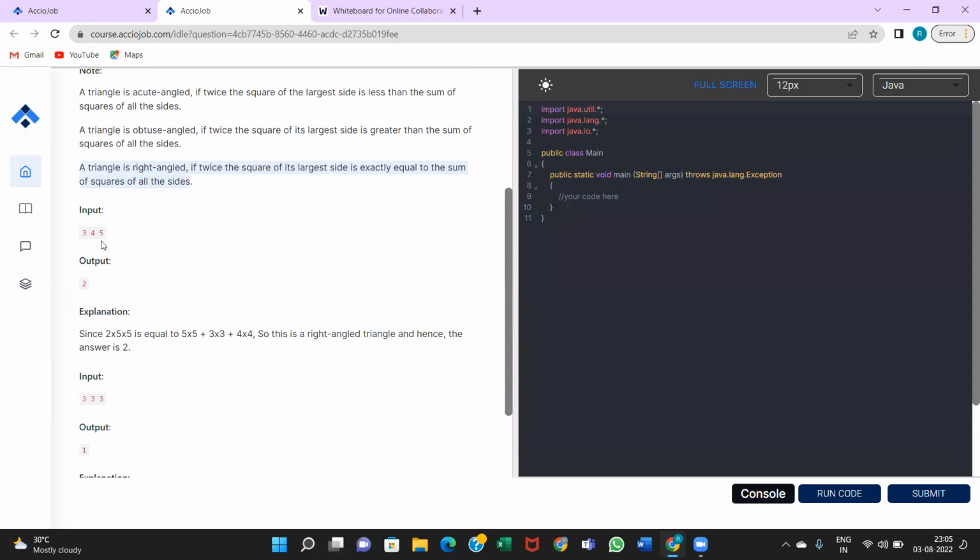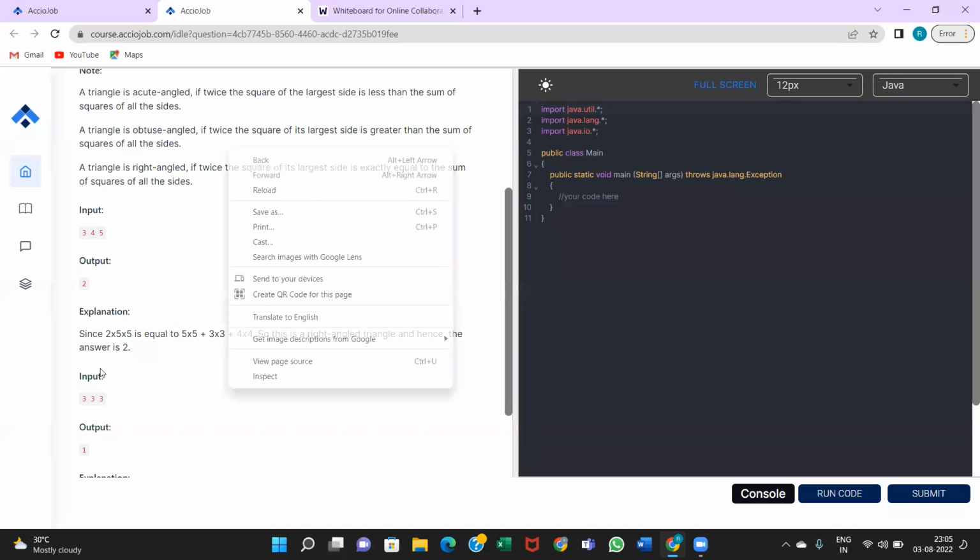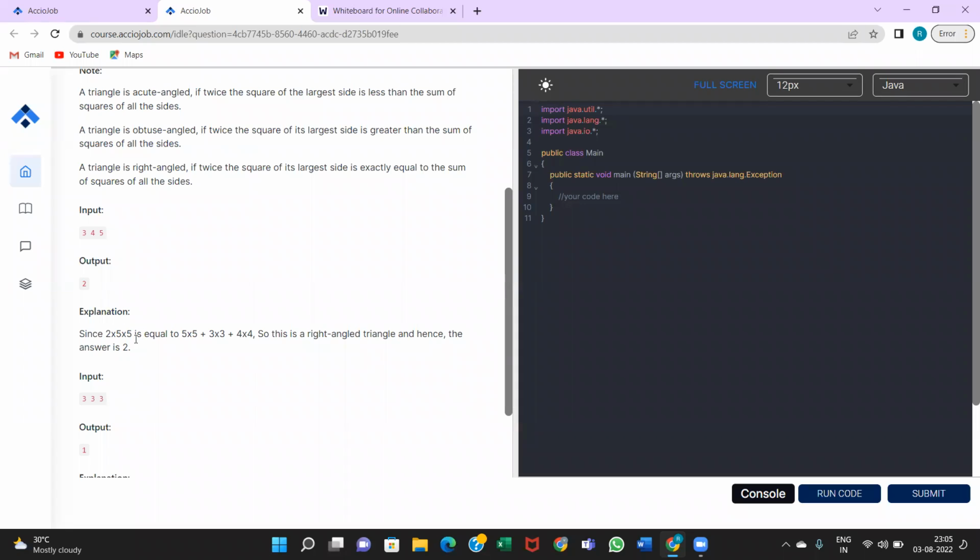See, these are the sides given to us. The largest side is 5, having unit length 5. So we calculate twice the square of the largest side: the square is 25, and twice that is 50.